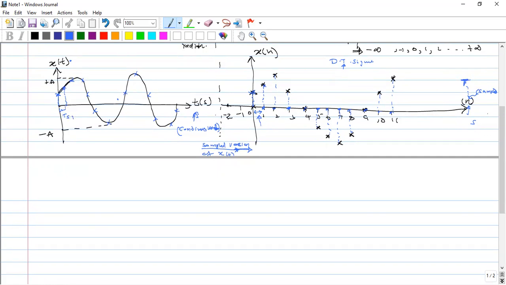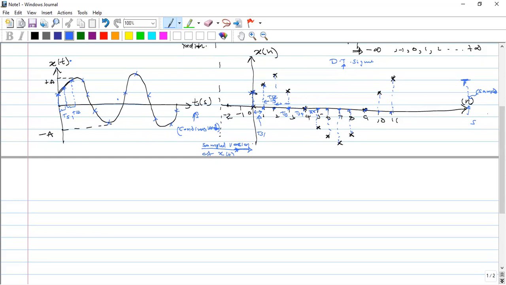Let's say this time gap is TS1. Between the first sample and second sample there is again a time gap, TS2, and between the next samples TS3, TS4, TS5, like that.